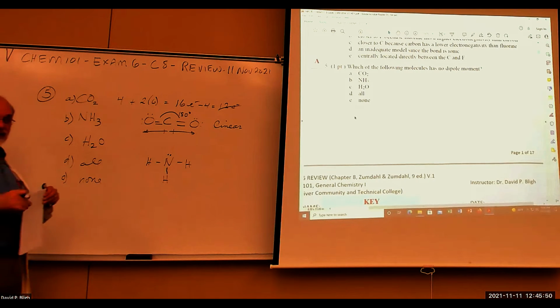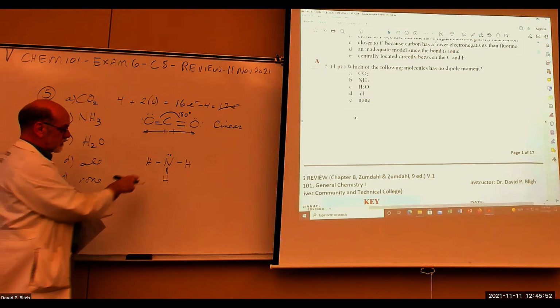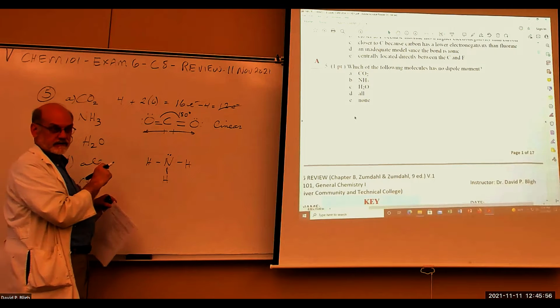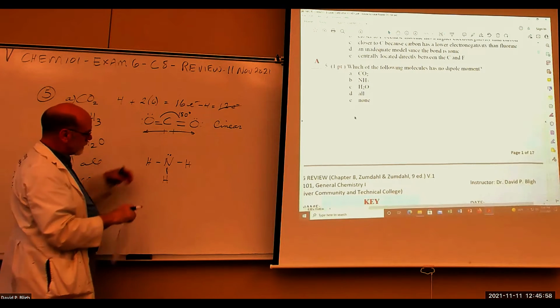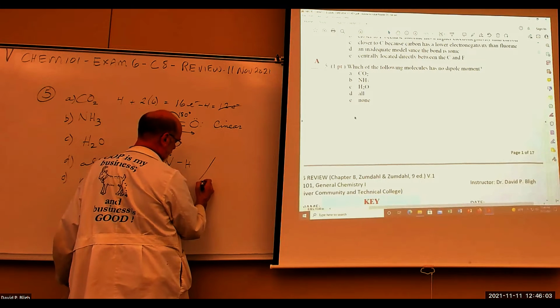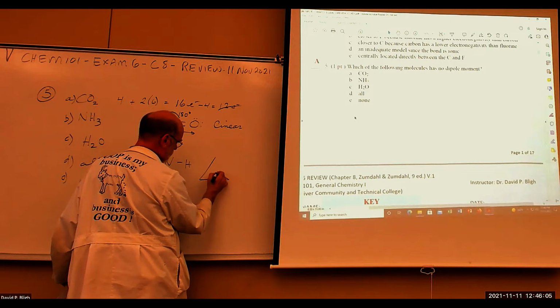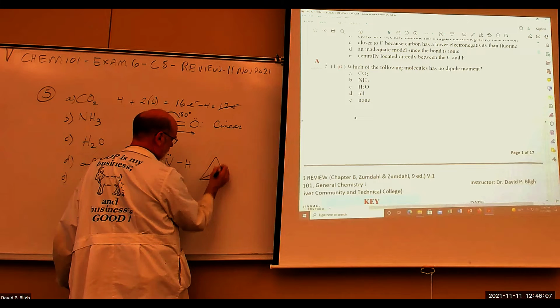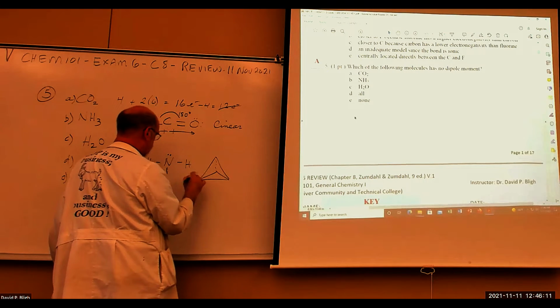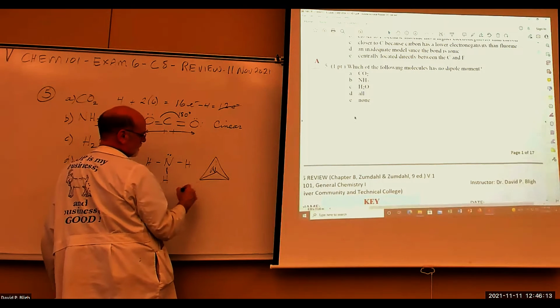Okay. So the electronic structure with 1, 2, 3, 4 groups is tetrahedron. If we cover this one up, we draw the tetrahedron. And then we put the nitrogen in the center.